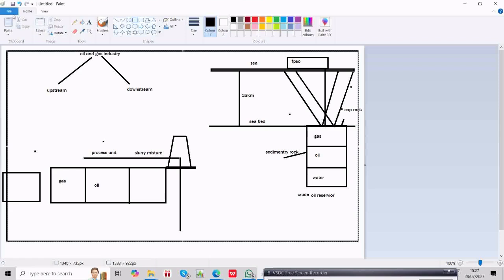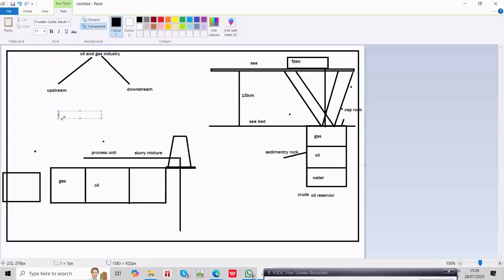Now, what is hydrocarbon? Basically, crude is equal to hydrocarbon. Crude is called a hydrocarbon, with a chemical formula of C22H122.